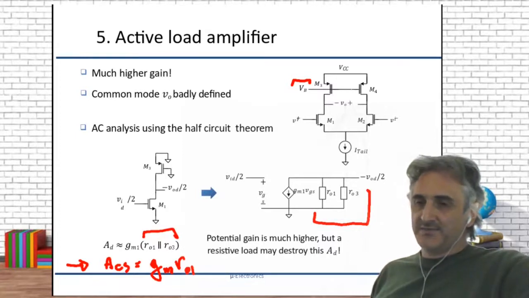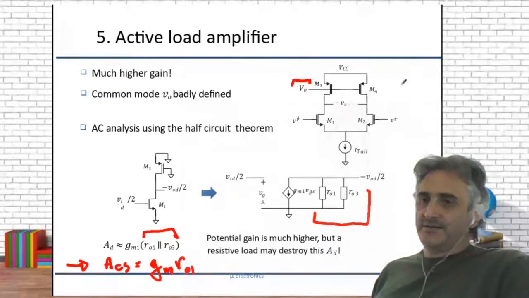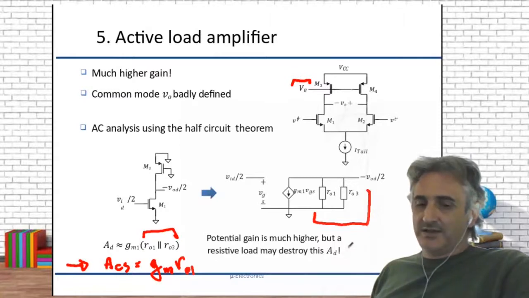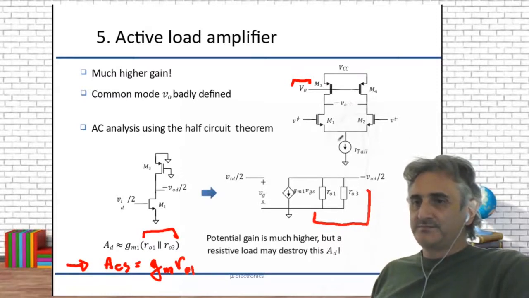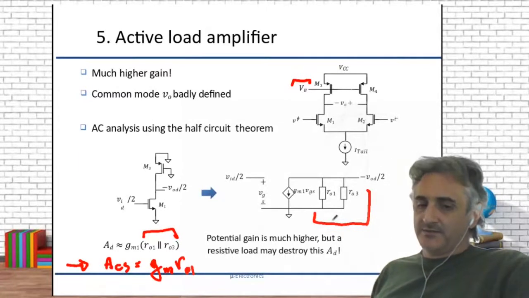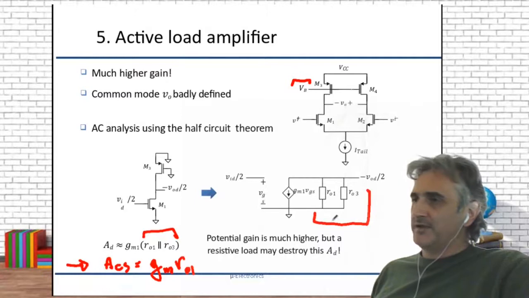And in this case, the resistive load is always present. But here what we are saying is that if we wish this to be a high gain amplifier, most probably we will need to add something after these outputs, which is not resistive, so that we can keep all the advantages of a differential input and then get more gain at the second stage.